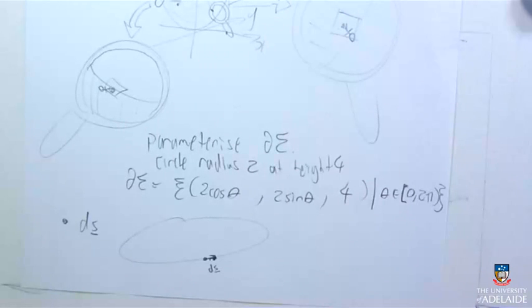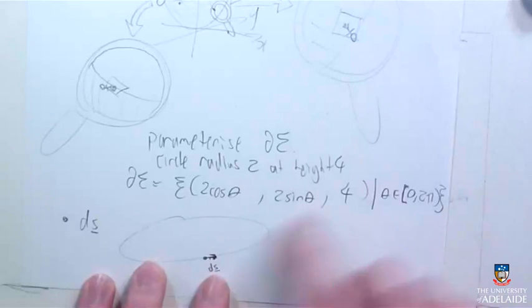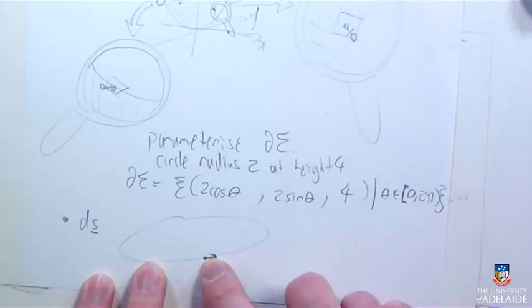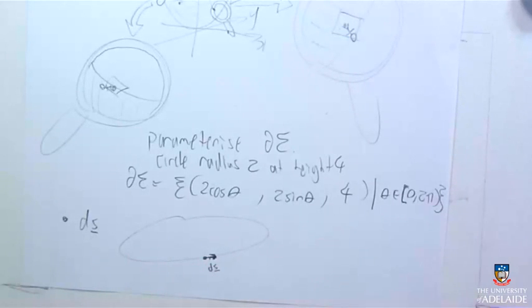The really nice thing is that it's sort of like the tangent to this curve, and it's how quickly this curve moves along when I move along my theta. So as my theta moves, this will be different sizes. In this case it'll always be the same size, but for some curves it's different.